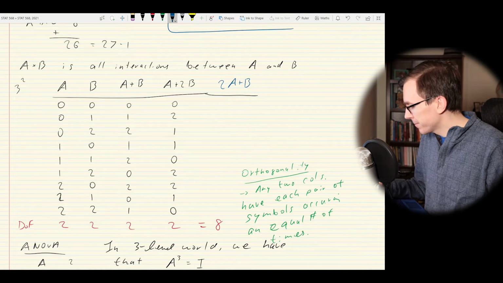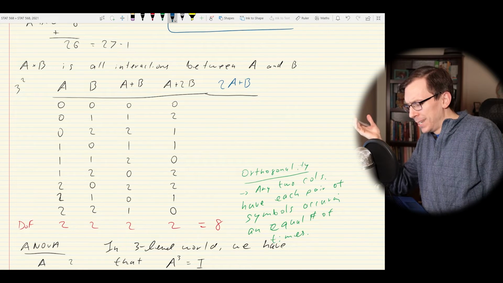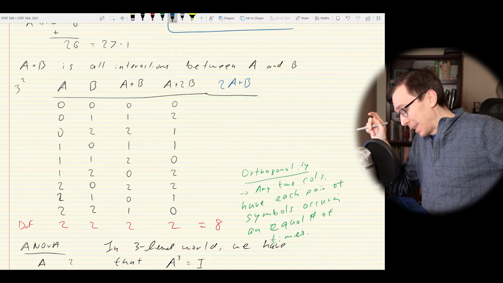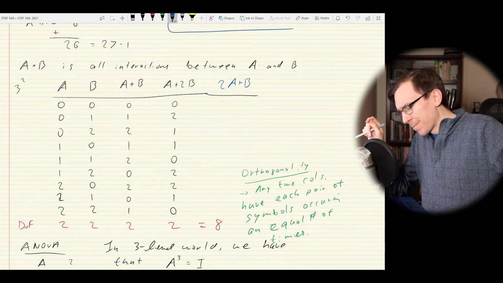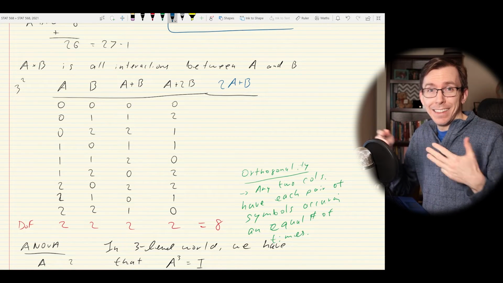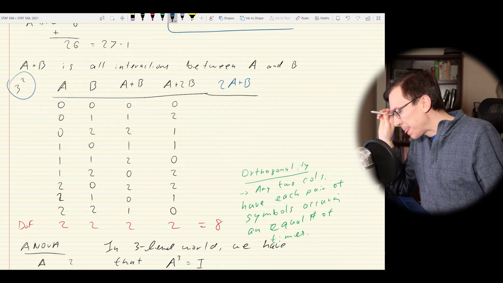You might think we could add in another column, that's the intuition from the columns. But if we count the degrees of freedom at the bottom, we realize we just lost all our degrees of freedom. 2 plus 2 plus 2 plus 2 is 8. That's all the degrees of freedom we have in our 3 to the 2 design.